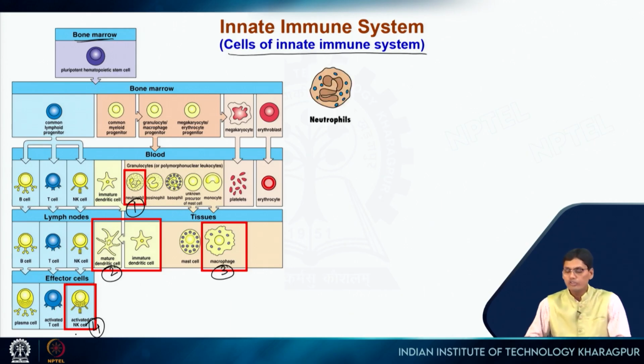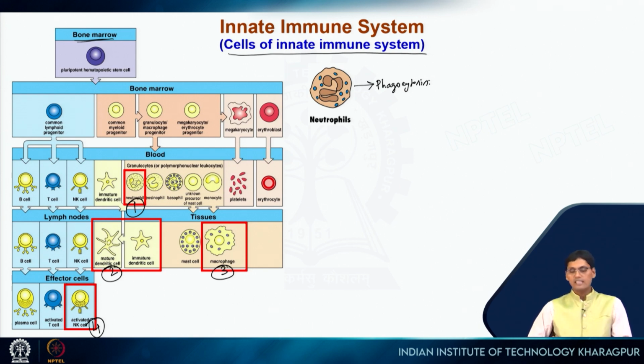Neutrophils are very good at phagocytosis. Phagocytosis means they directly engulf, they are eating, those pathogenic microbes, and as a result they are reducing their number.